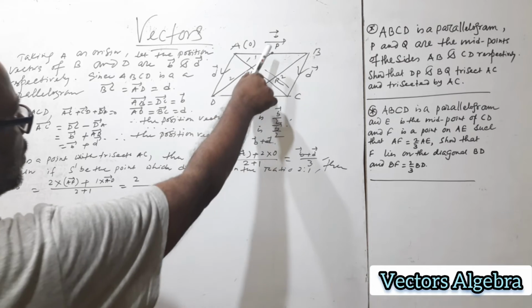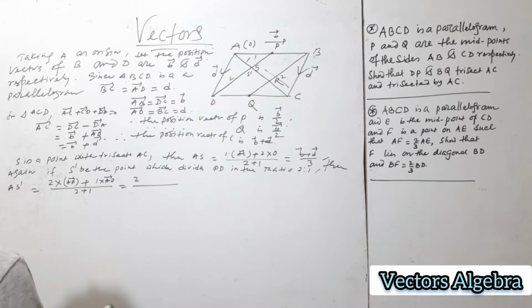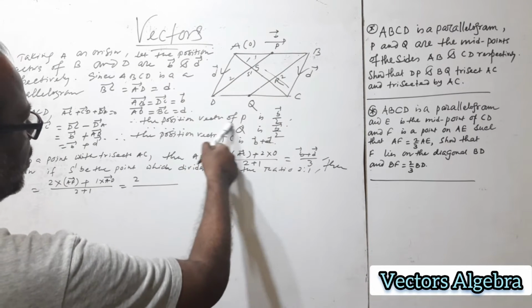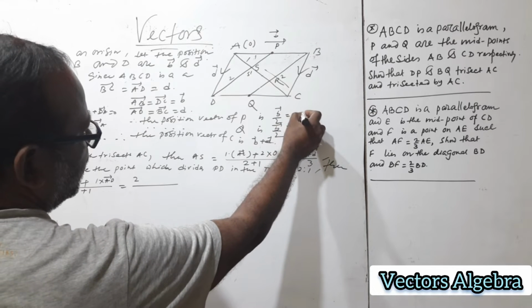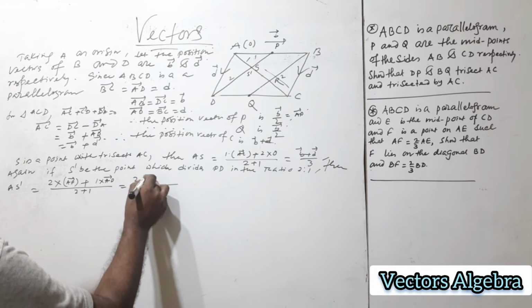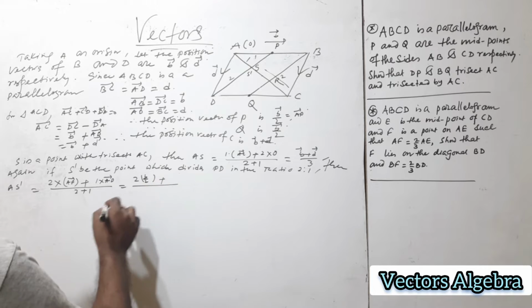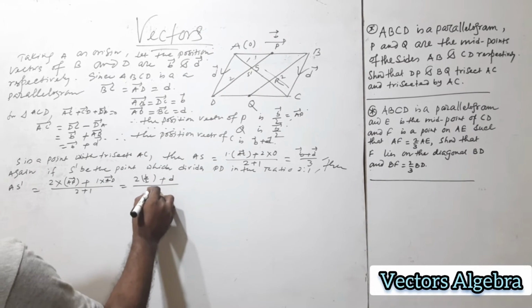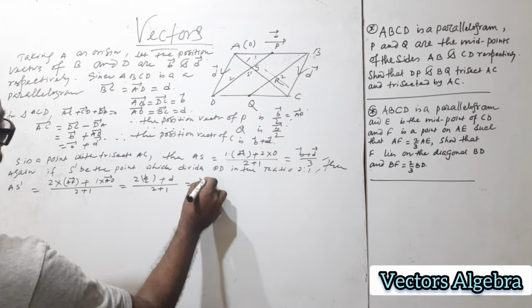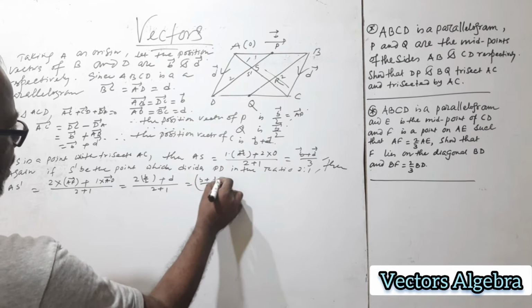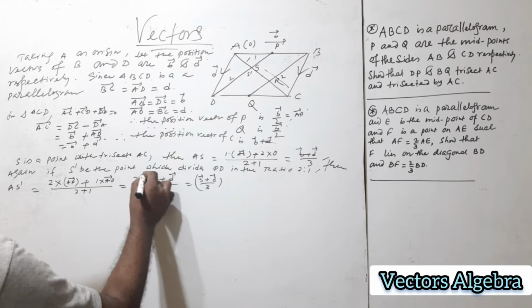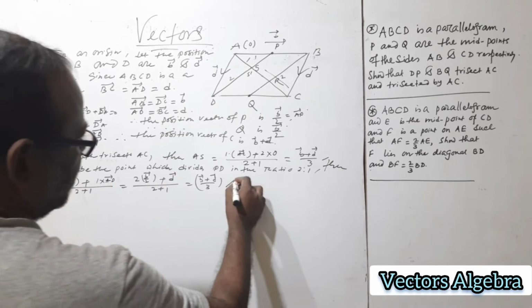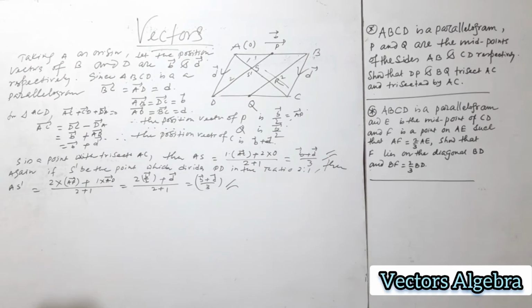Now the position vector of P is b by 2, that is AP, and the position vector of D is d, so this is b plus d by 3. See, these two vectors are the same.